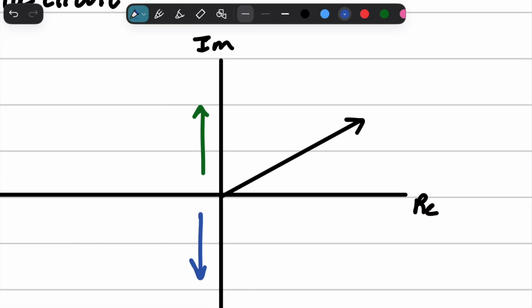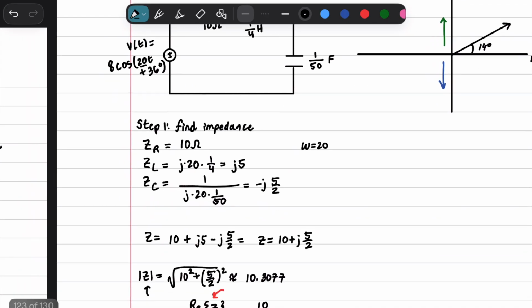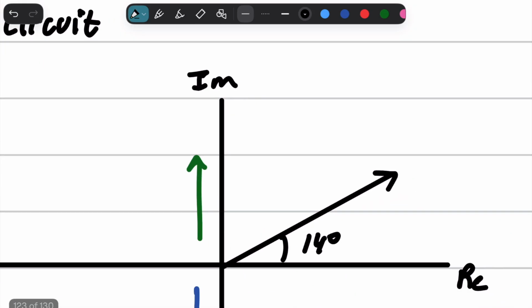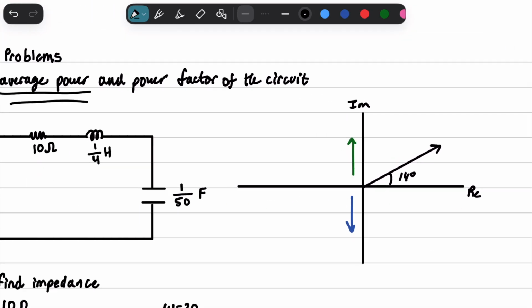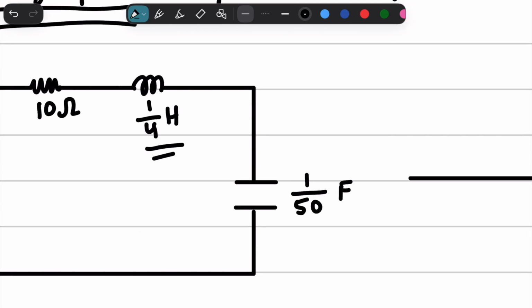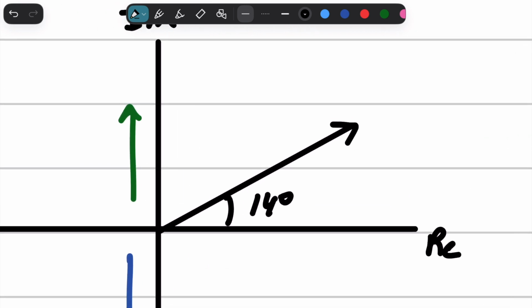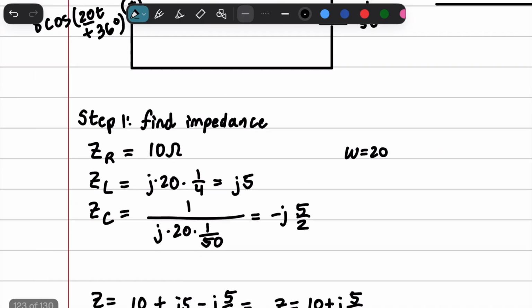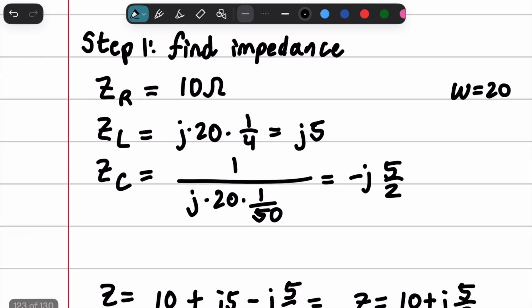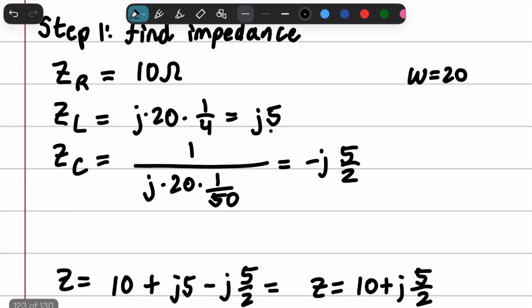So currently this circuit is more inductive, and it's at about 14 degrees. And so that means that the inductor is the one that's really producing this impedance. And that kind of makes sense, right? Because we have an impedance of 5 right here, and then 5 halves down here. The capacitor is contributing negative 5 halves.